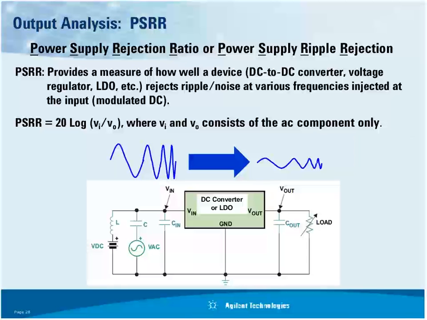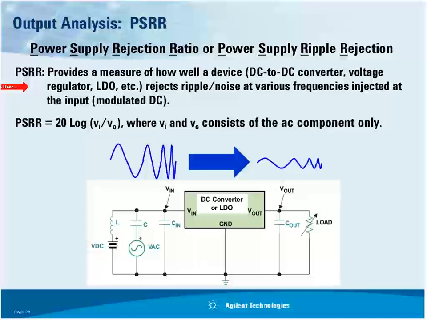This, I mentioned earlier, is a unique measurement capability in Agilent's oscilloscope. It is called the power supply rejection ratio, PSRR. Some people call it power supply ripple rejection. What it does is provide a measure of how well a device, typically a DC to DC converter, or often an LDO, which stands for low voltage dropout regulator, rejects various frequencies.